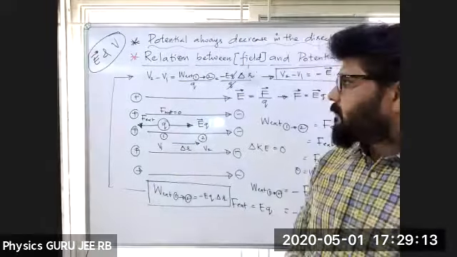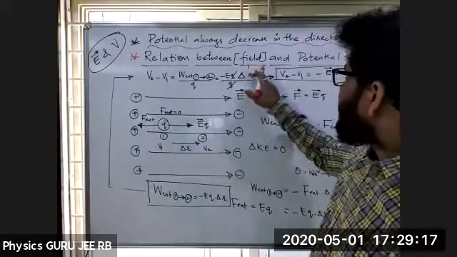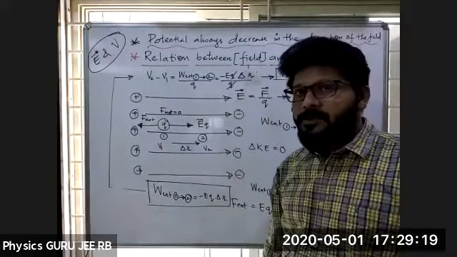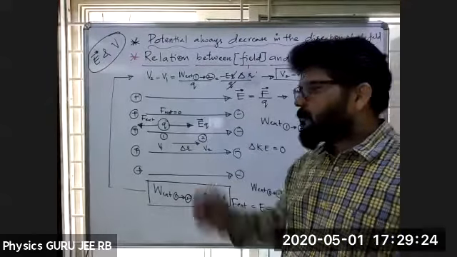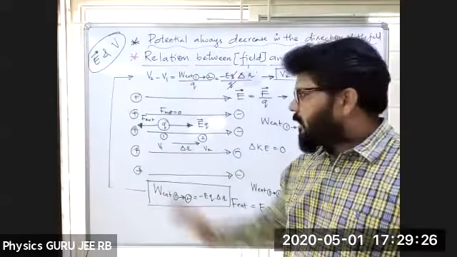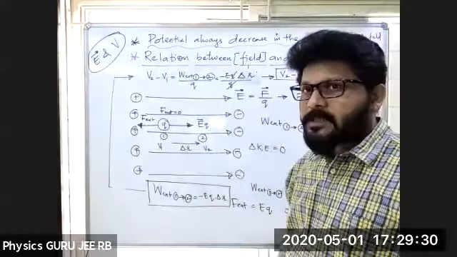What I did was, I want to calculate the relation between electric field and electric potential in a uniform electric field. So I set up a uniform electric field, right? The electric field is away from the positive charge and towards the negative charge.